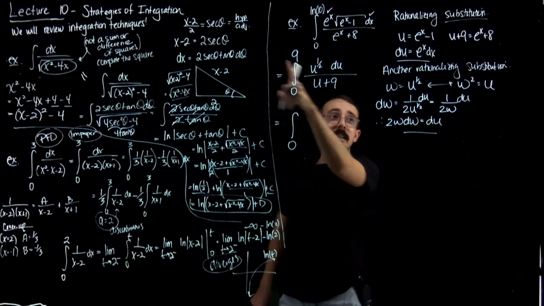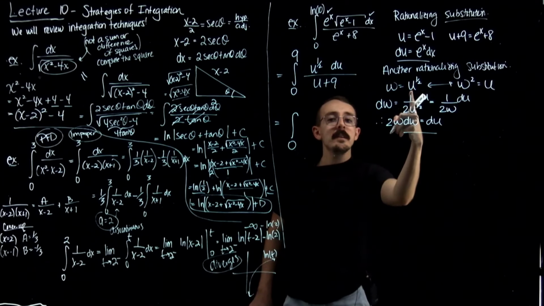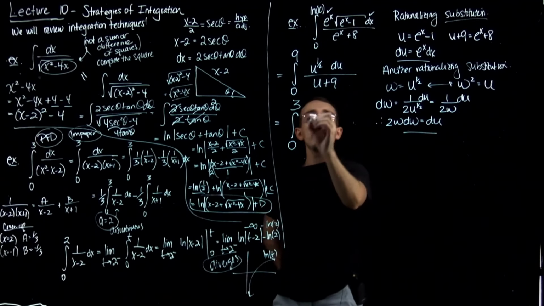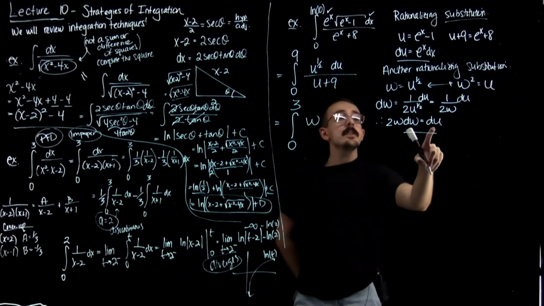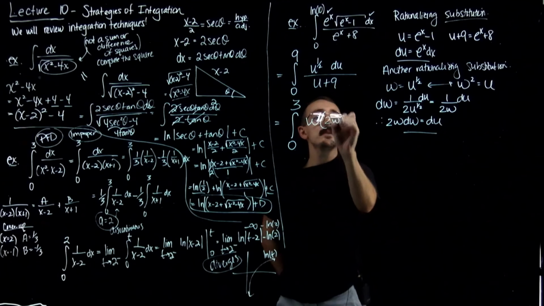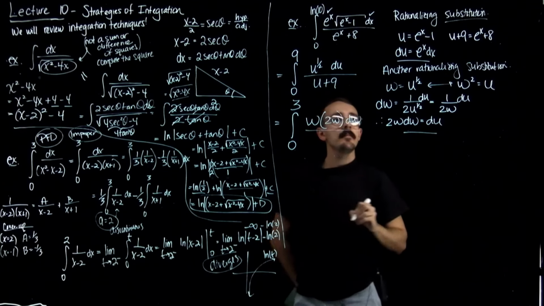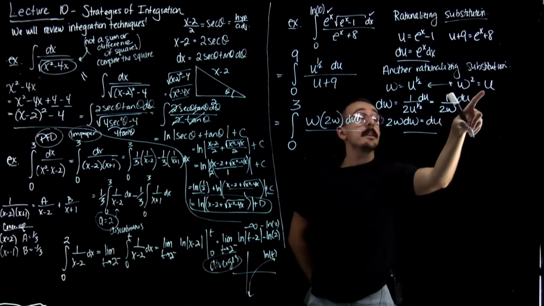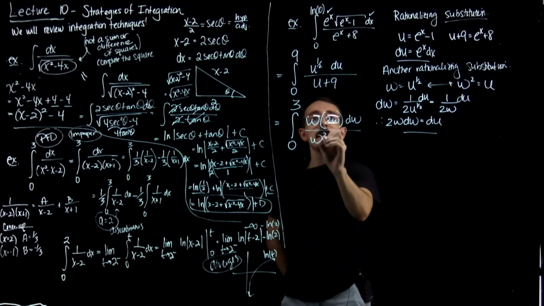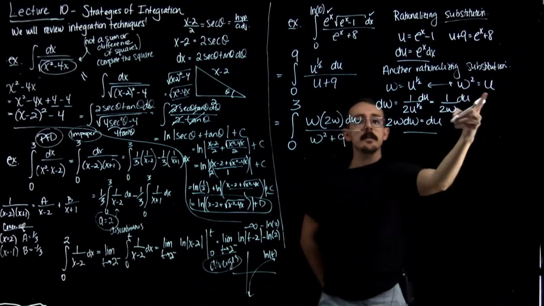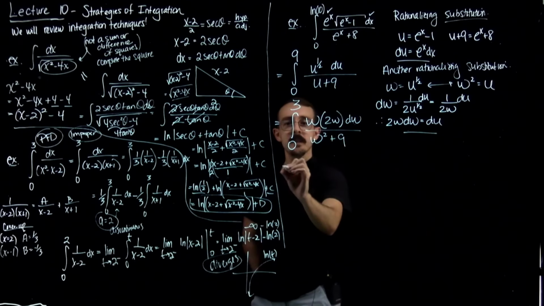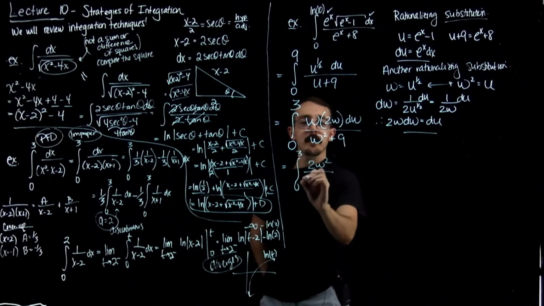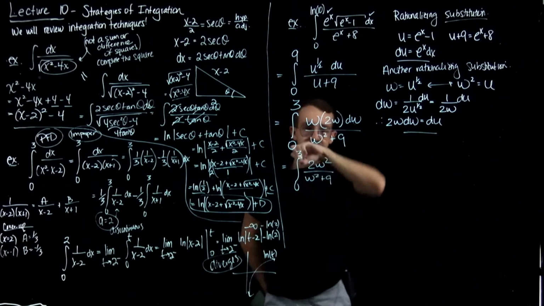If you plug in 9 into u, 9 to the 1/2 power is 3. u to the 1/2 is w, du is 2w dw, and then u plus 9 is going to be w squared plus 9, because u is w squared. So this is the integral from 0 to 3, 2w squared over w squared plus 9.